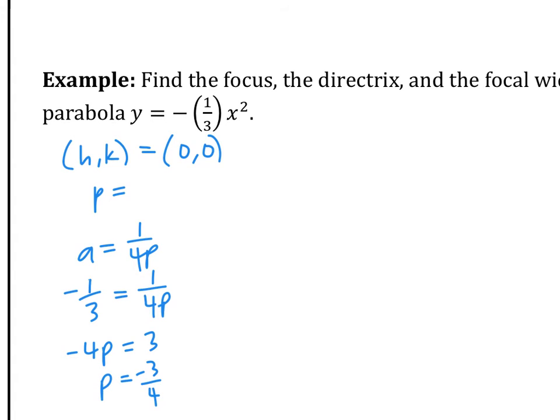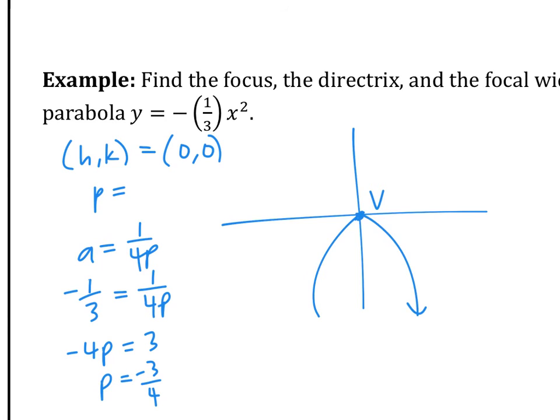All right, let's kind of draw a picture. Vertex is at (0, 0). Which direction is the parabola going to point? Negative, but which? Down. Yeah, so it's going to point down. And the focus is going to be inside, directrix is outside, and that's off by 3/4.